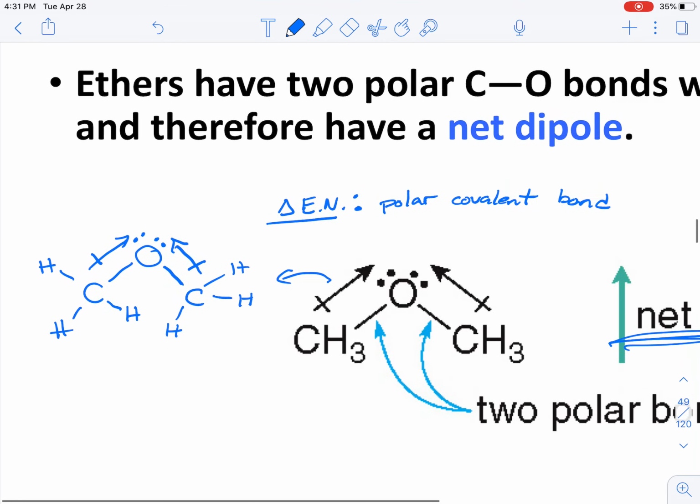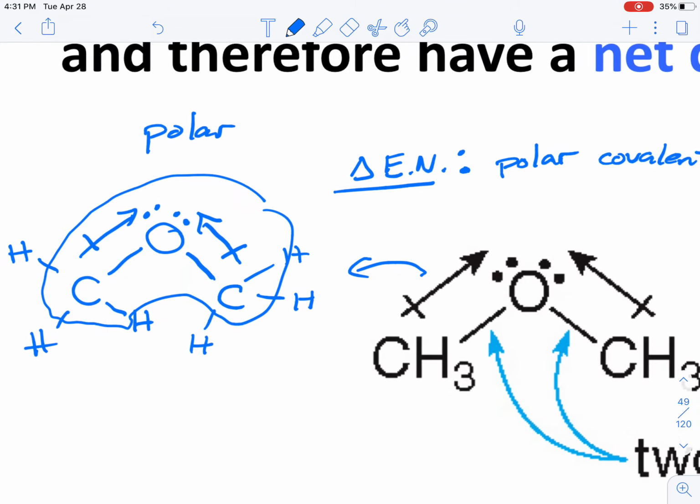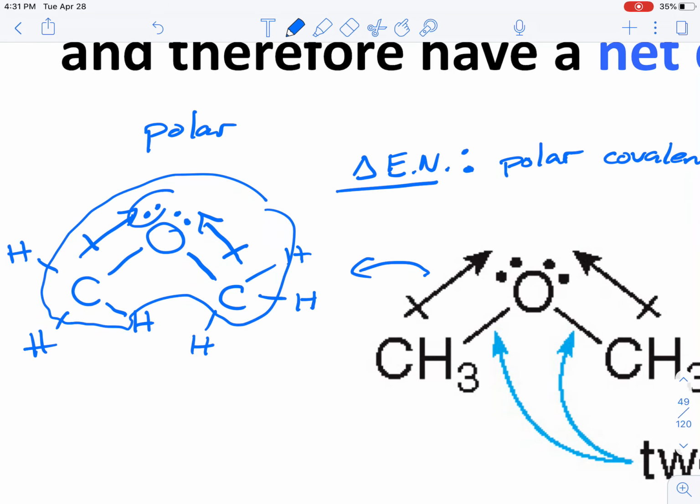Okay. So what this is telling us is that this ether, just this simple ether, is going to be polar. Also, we can determine that this ether is polar because we have the presence of those lone pairs, and they're not canceling each other out. It's kind of centralized in one location.